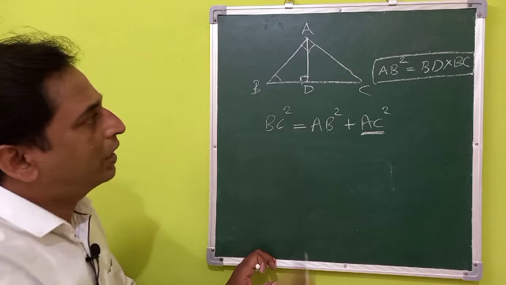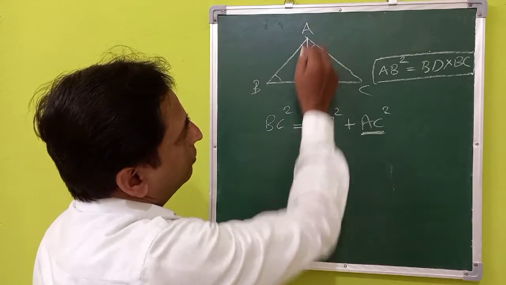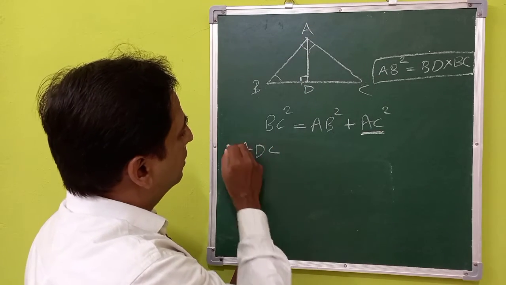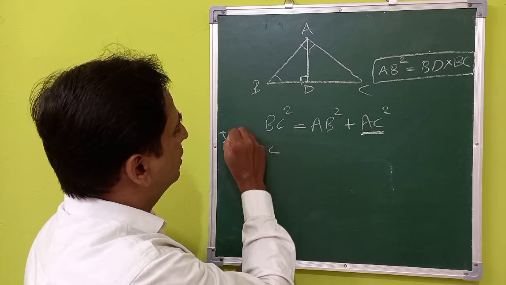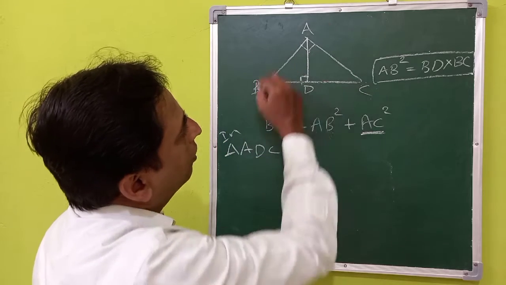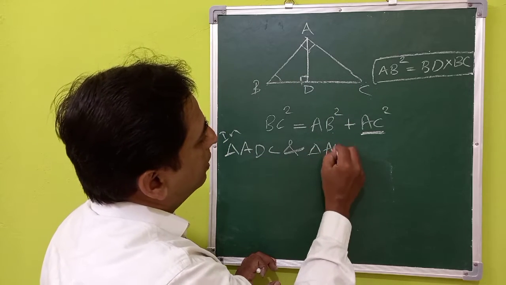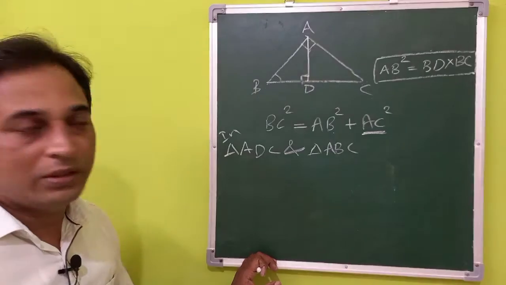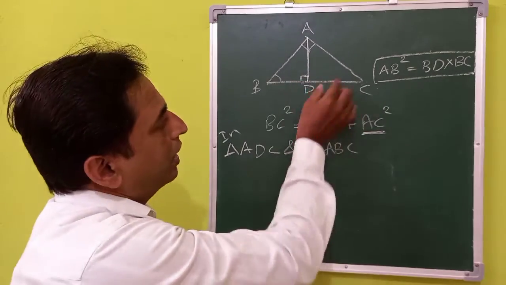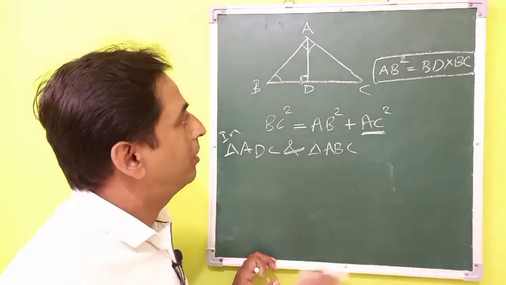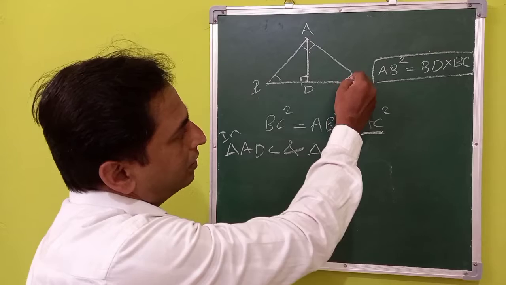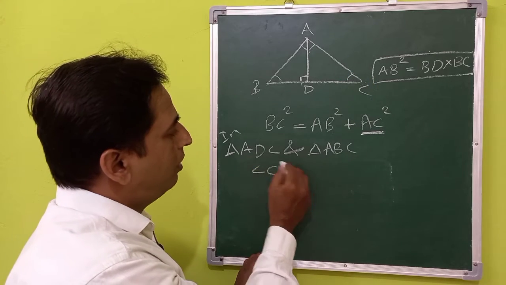We need to get AC square. For that we will consider these two triangles: triangle ADC and the whole triangle ABC. How can we prove these two triangles are similar? We can take this angle, which is common in both the triangles.